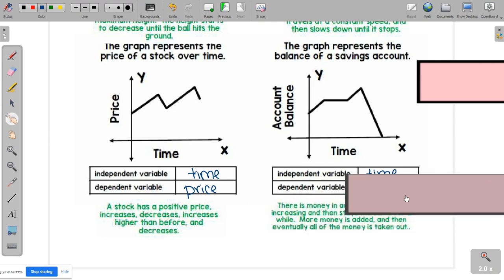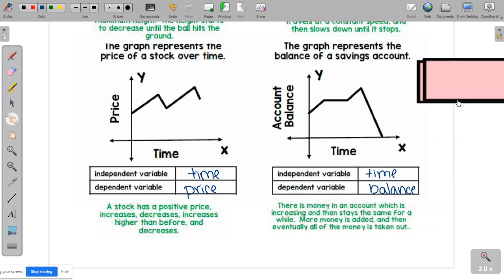So let's look at what's happening here. There's money in the account. Since it's not starting at 0, it has a previous balance. And it's increasing and then stays at the same amount for a while. More money is added into the account, and then eventually all the money is taken out.